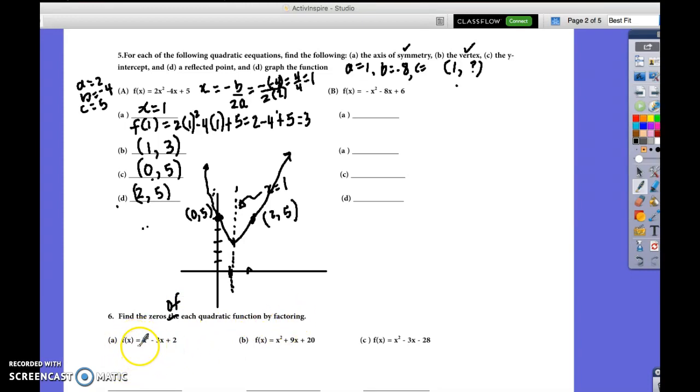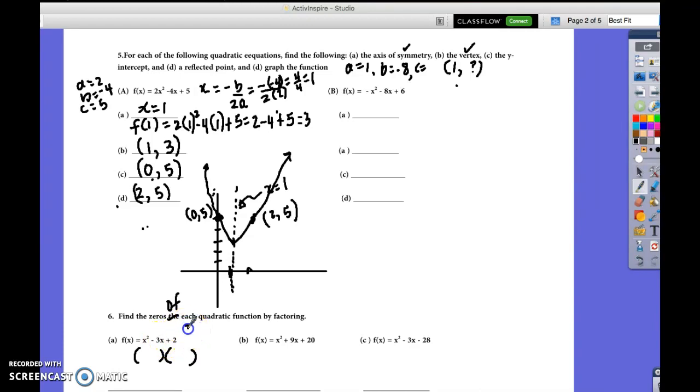And by factoring, we want to find two binomials, which when you multiply them together, you get back this quadratic equation. So what would these be? We're looking for two numbers which when you multiply them together, you get 2. When you add them, you get negative 3.